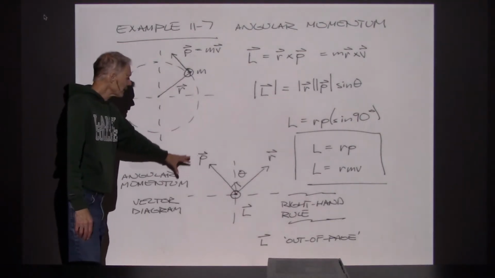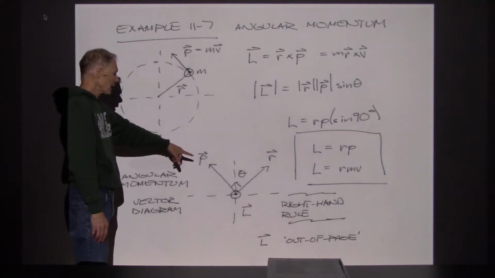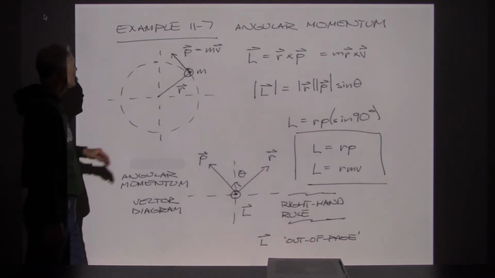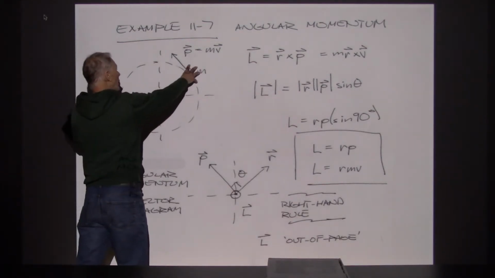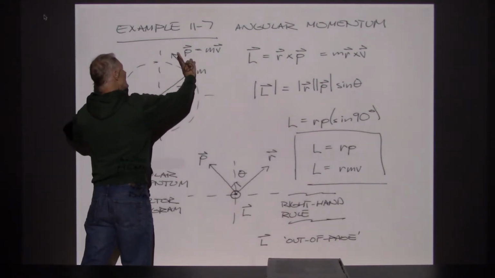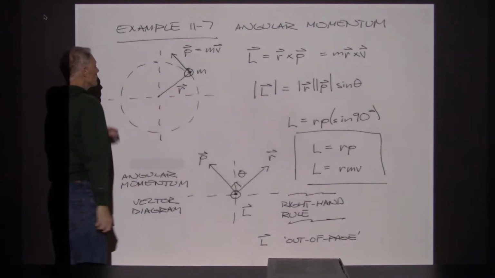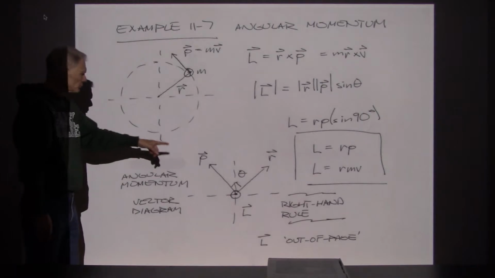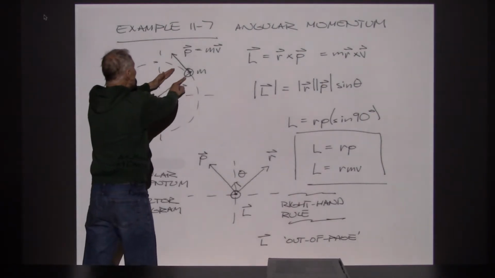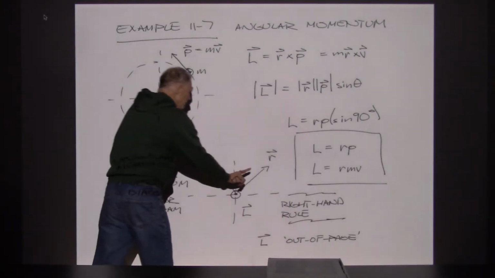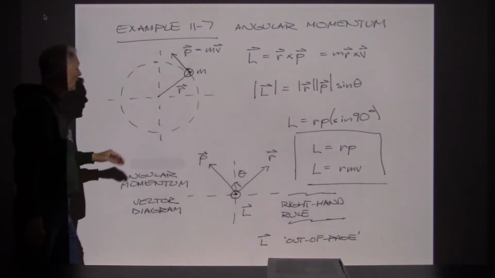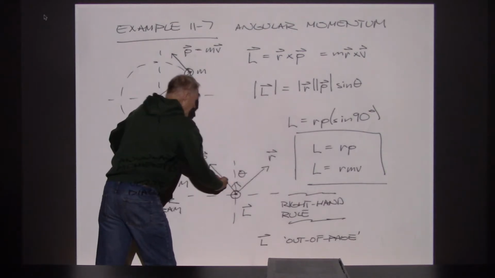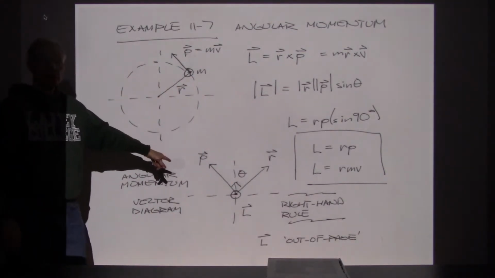Now, again, I want to go back and emphasize this vector diagram. We've done these from time to time. Here's a diagram showing where objects are located, and then we've placed vectors to represent different physical quantities. But when we do a vector diagram, what we do is we lift up these vectors and move them onto a different coordinate system where every vector is placed in relationship to the origin.